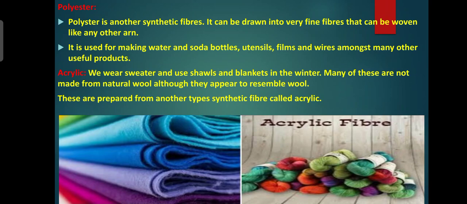We wear sweaters and use shawls or blankets in the winter. Many of these are not made from natural wool, although they appear to resemble wool. These are prepared from another type of synthetic fiber called acrylic.